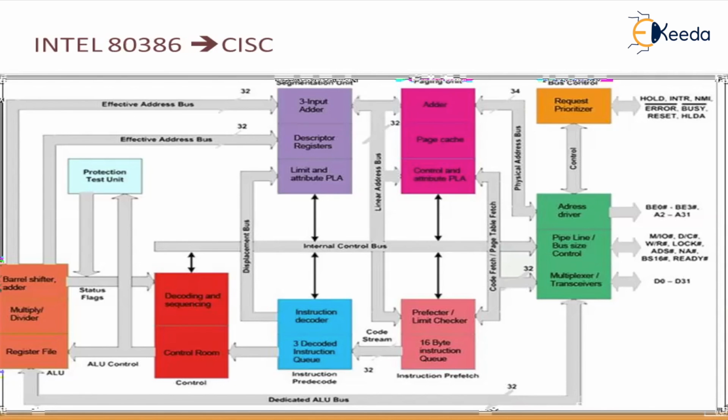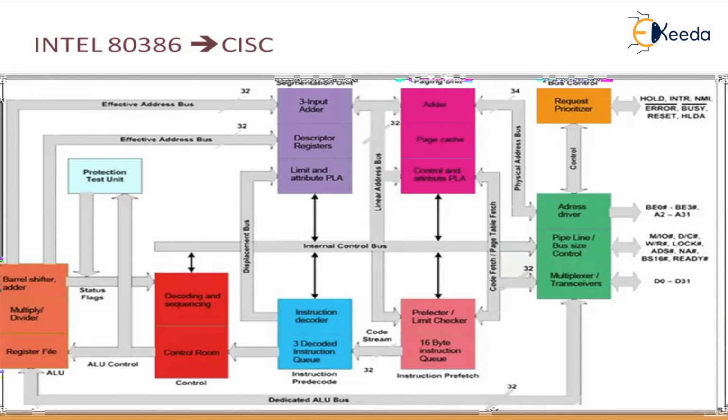These have been directly connected with the effective address buses, which may add, multiply, register file, and this is controlled with the help of the control buses that are directly connected to the decoding and sequencing.